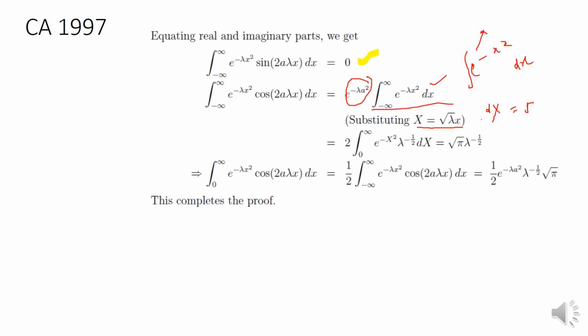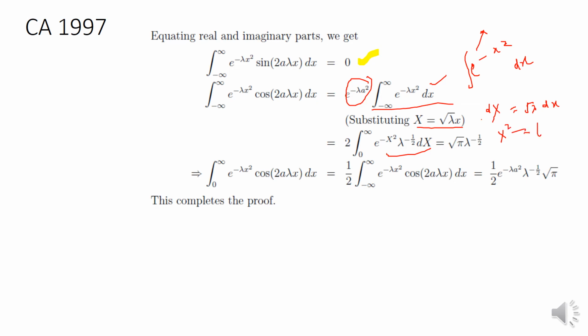It gives capital dX is equal to under root lambda into dx. So small dx is equal to 1 upon root lambda d capital X. So this is written here into e to the power minus X square, 0 to infinity.